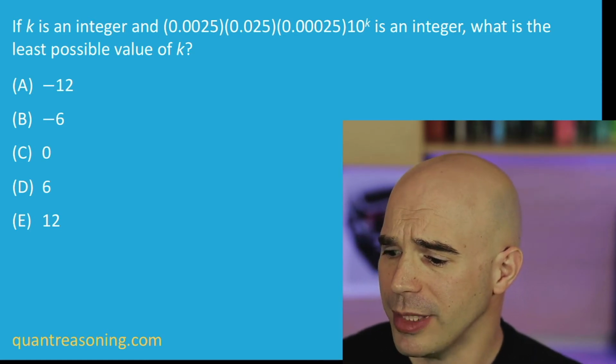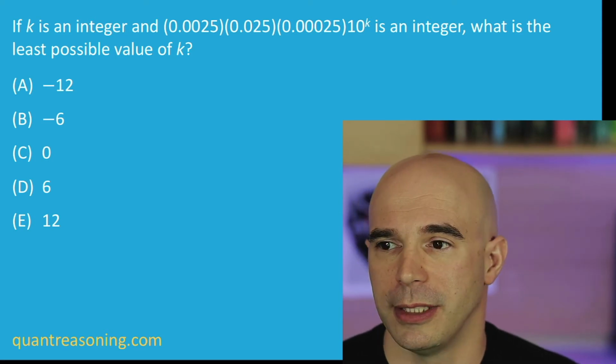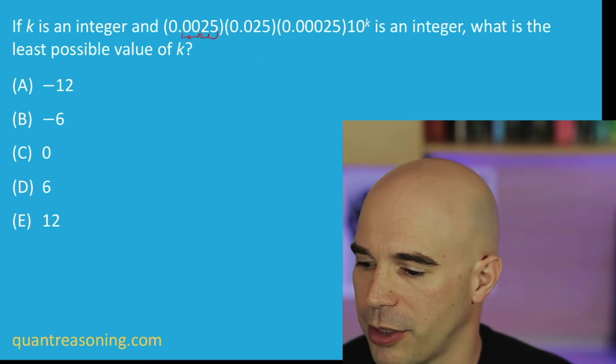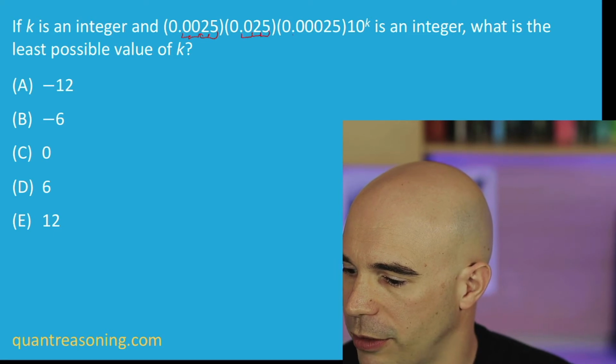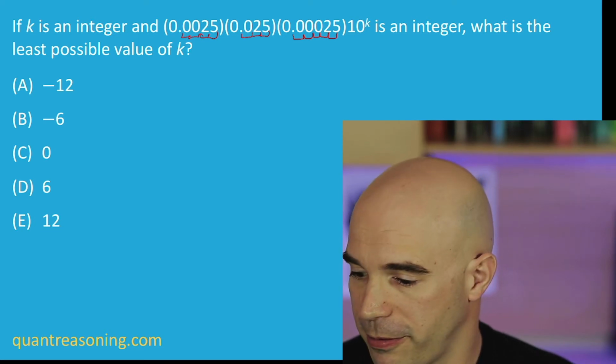So how do we translate the expression with all those decimals into a fraction? Well, we'd start by counting the number of digits to the right of the decimal point. And I'm seeing a total of, well, it's 4 and 3 and 5. So that's a total of 12.